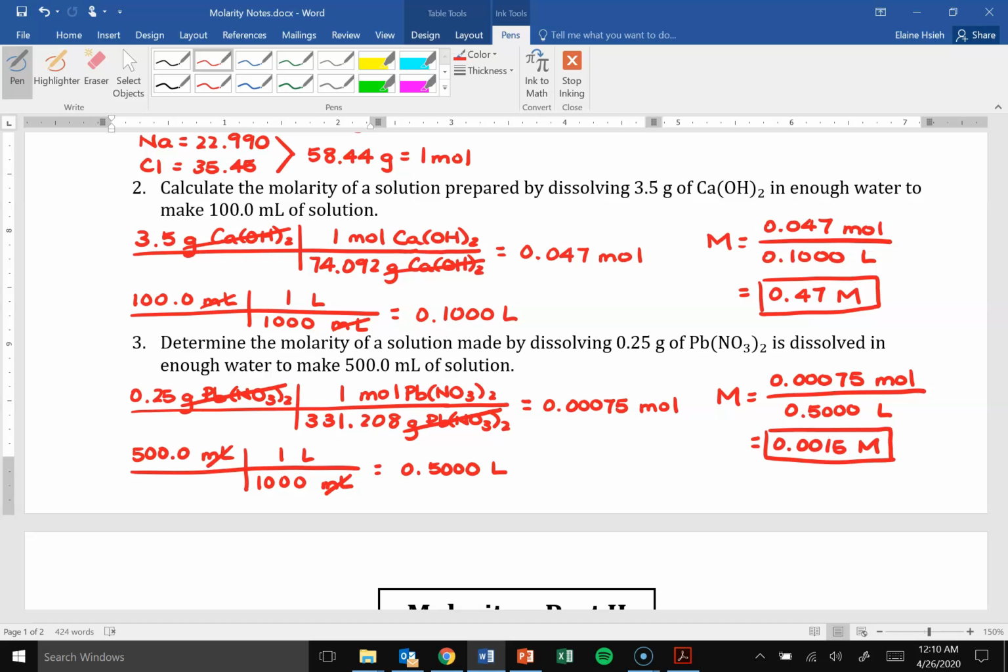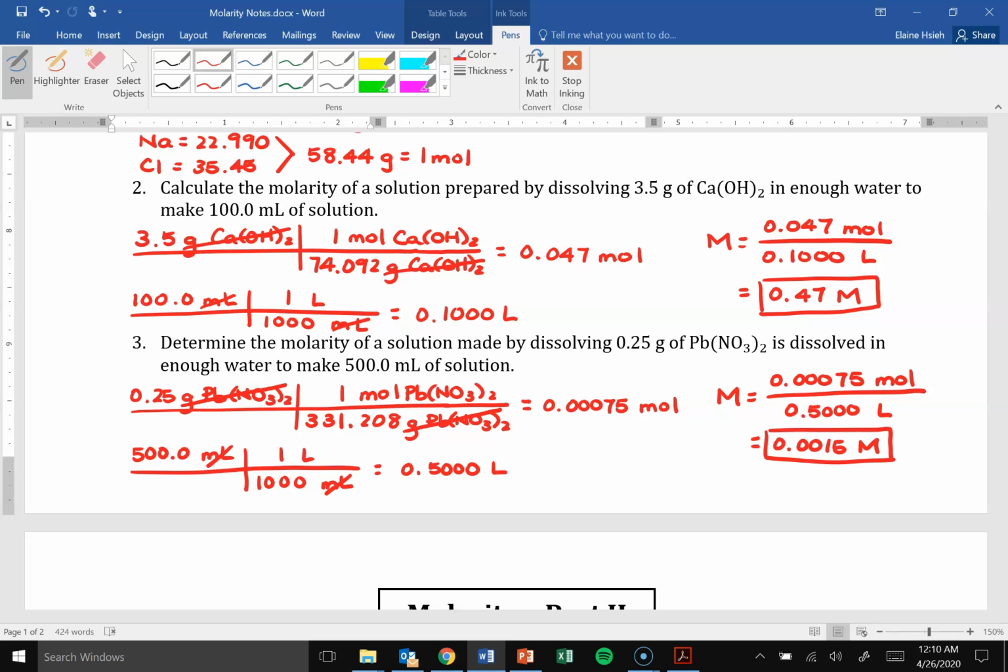For number 3, you're supposed to convert 0.25 grams of Pb(NO3)2 into moles, and you should have gotten 0.00075 moles. Now, if you use scientific notation, that would be 7.5 times 10 to the negative 4 moles. And 500 milliliters need to be converted to liters. So if we divide by 1,000, we would get 0.5000 liters.